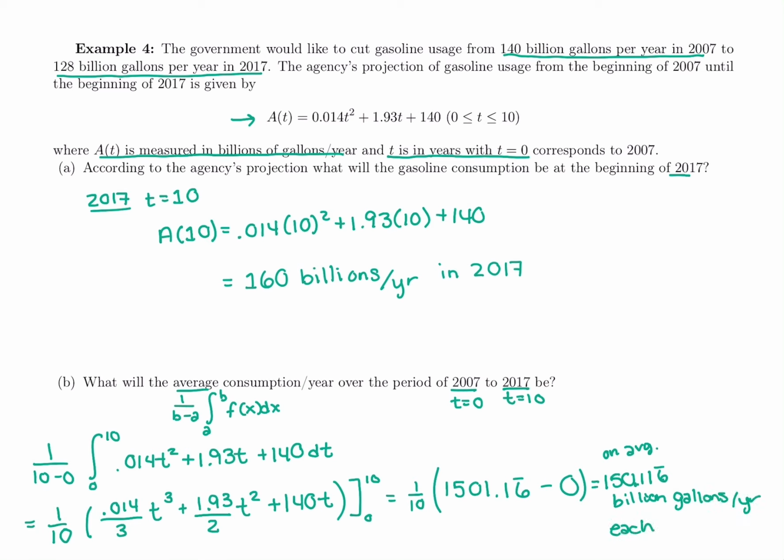And that's each year. So they started out with 140 billion gallons per year in 2007. In 2017, they go up to 160 billion gallons per year. So our answer seems to make sense. On average, on that 10-year span, that average y value is about 150 billion gallons per year each year.